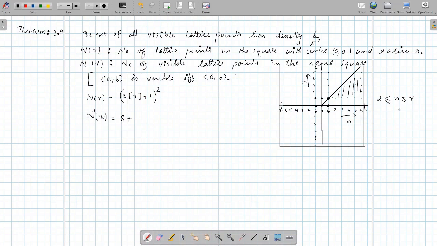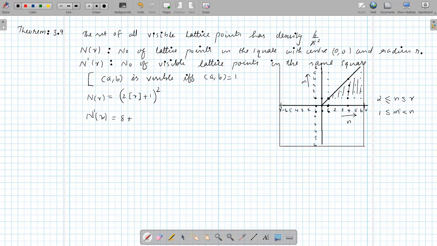And what is this m? If we fix an n first, then you can get m as this. We need to collect all those m's up to this, which are relatively prime to n. These are the corresponding pairs. So we need to collect m in such a way that 1 less than or equal to m less than n.